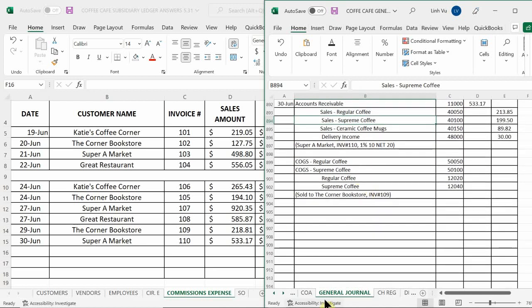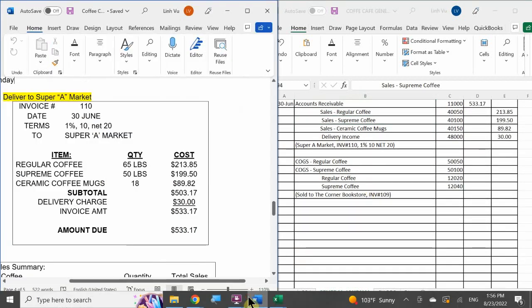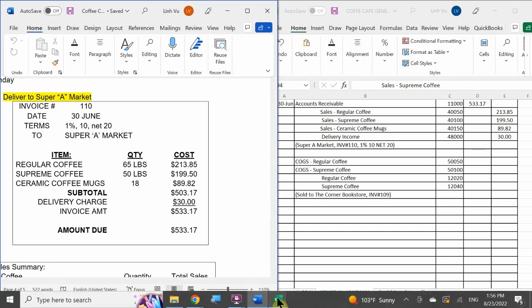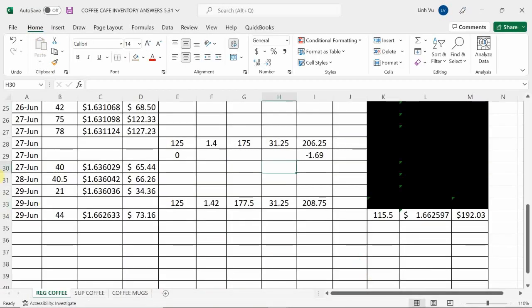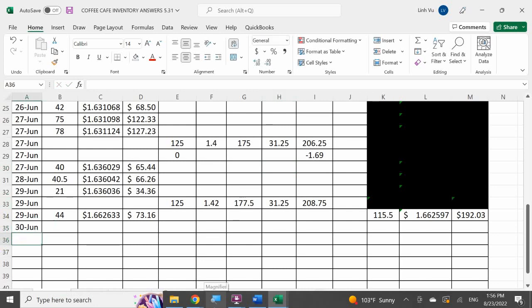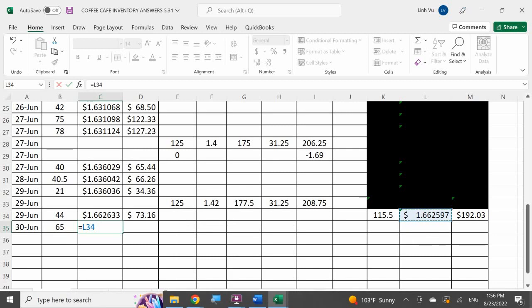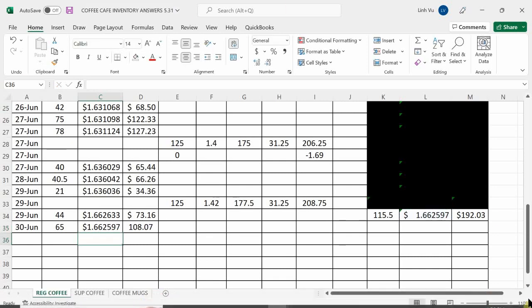So in the inventory worksheet, we sold 65 pounds of regular coffee and 50 pounds of Supreme coffee. So what's my total cost of goods sold? I got $108.07. Good.